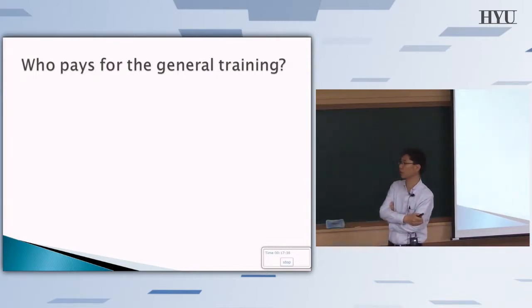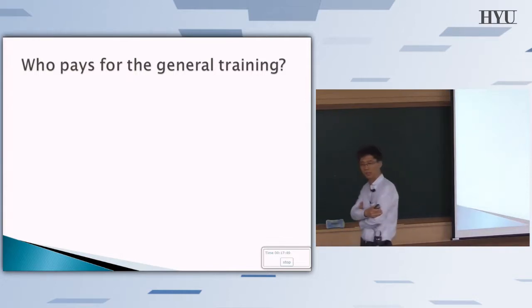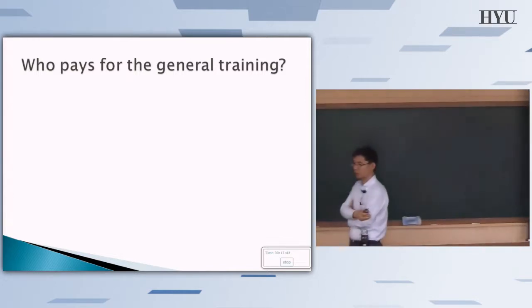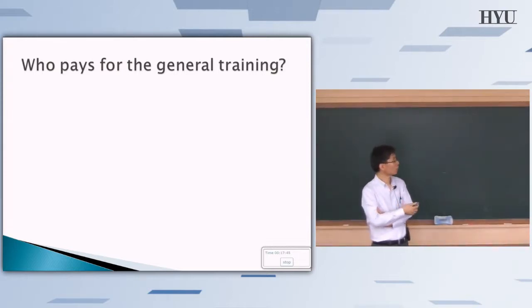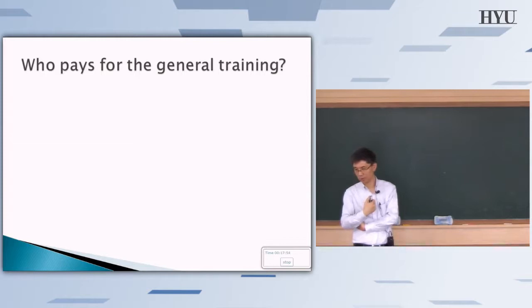General training means that if the individual gets this skill, it is useful to any other firm. So logically, to find out who pays for this training, let's start with the last period, the second period.